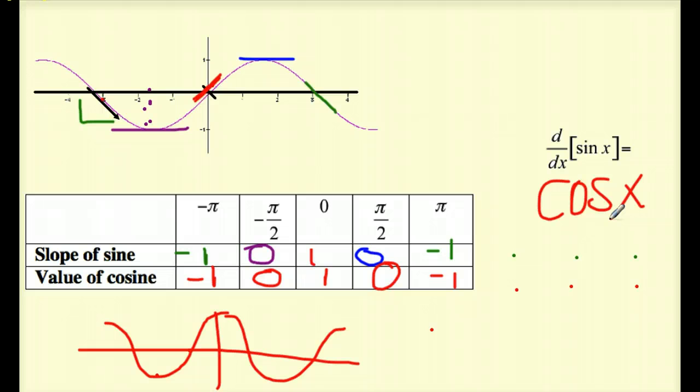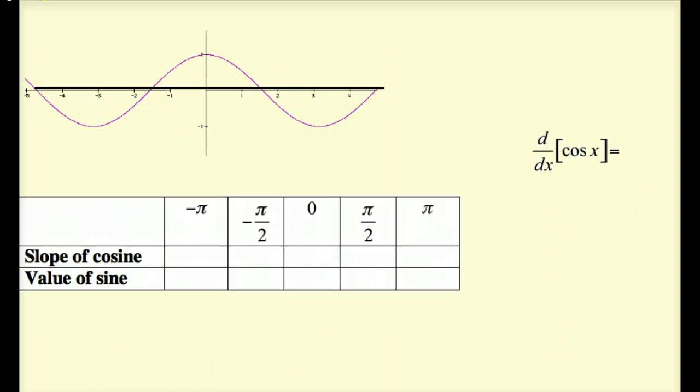Good. So now let's take a look at the cosine function, which is right here. Like we said, let's take a look at these slopes at certain areas. And let's start with negative pi. The slope at negative pi is a horizontal line, which we know from earlier is 0.